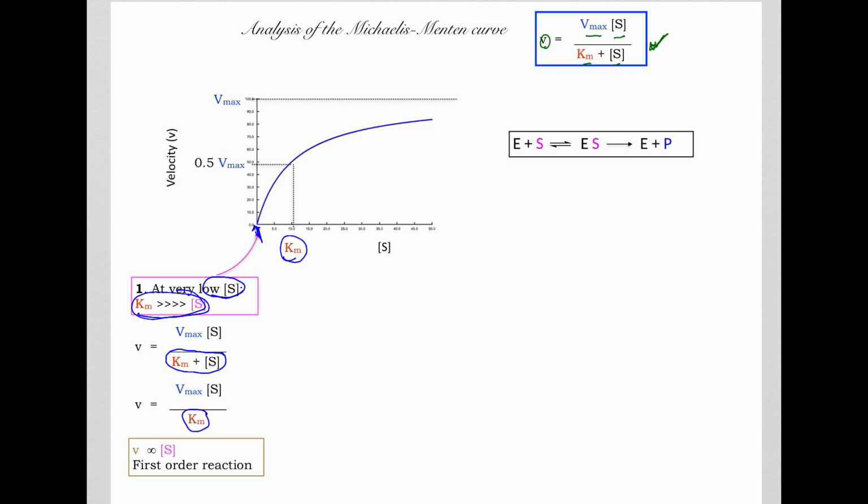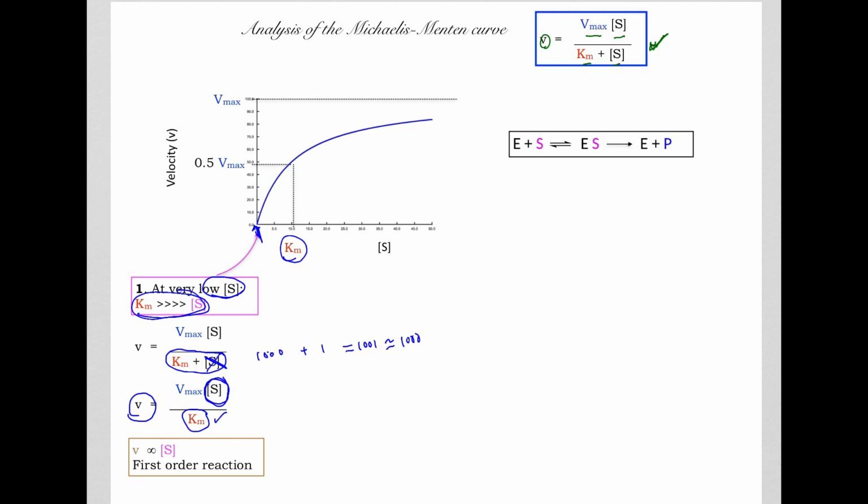For example, if Km was 1000, and substrate concentration was 1, that would give us 1001, which is very close to just Km itself, 1000. So we can basically ignore the substrate concentration in the denominator and we just get our Km. So in this case, the velocity is directly proportional to the substrate concentration.